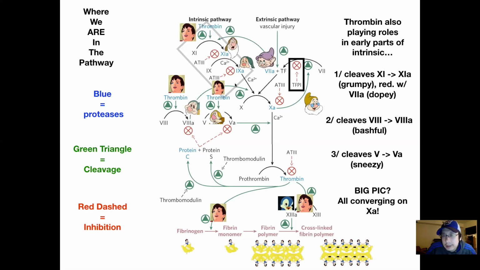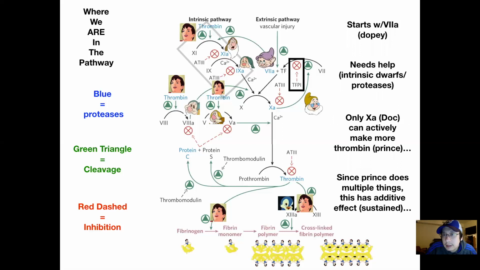the big picture, the big theme that we're coming across is that 10 is really important, okay? All of these other proteases are converging on 10, zymogen to 10A. So you start with dopey, need help of the other intrinsic dwarfs, but really it's only 10A that can actively make more thrombin, or Prince.